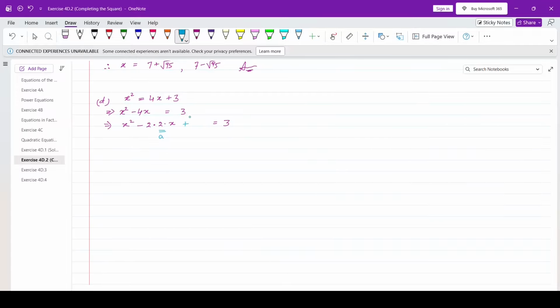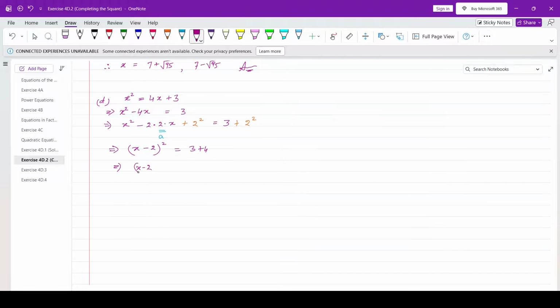Therefore, if we add a square, that is 2 square here, we can also add 2 square here, and that's how we get x minus 2 whole square is equal to 3 plus 4.